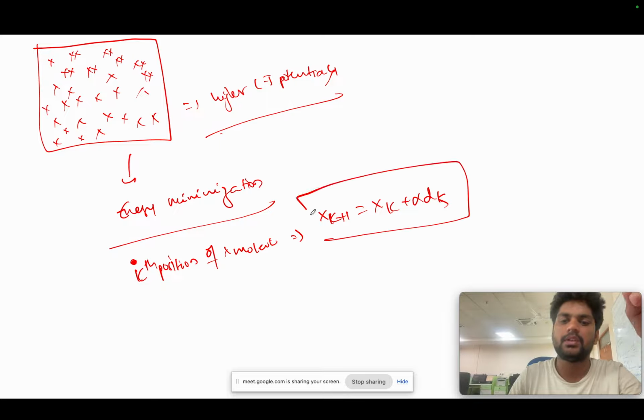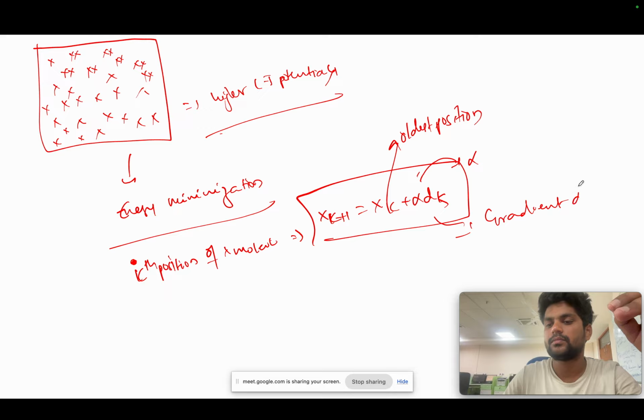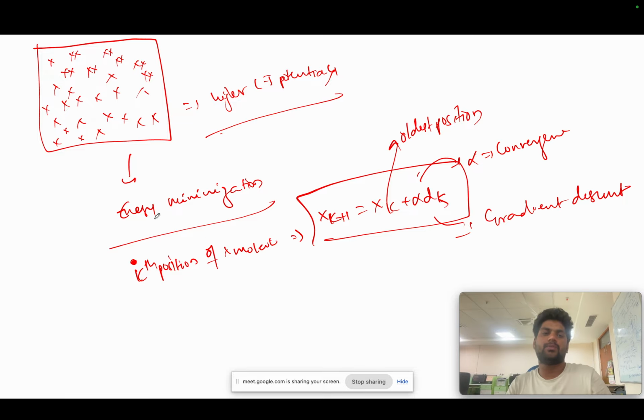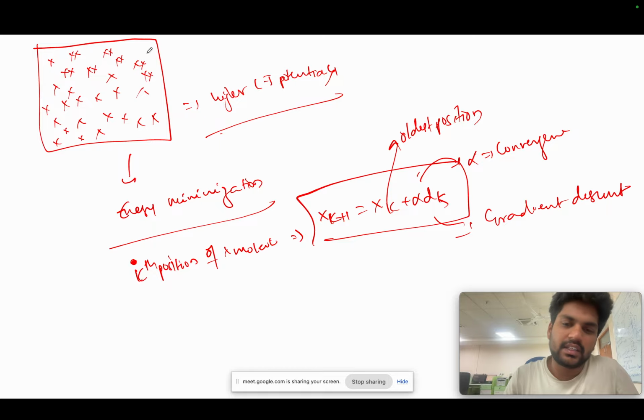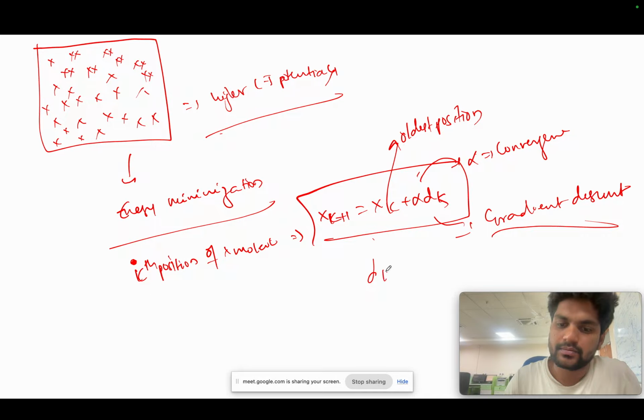This is the old position, and alpha, and this is the gradient descent, and this is the convergence. Gradient descent means you are decreasing, so that's why the direction will always be negative.